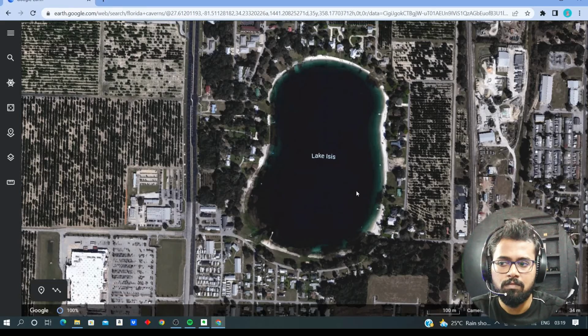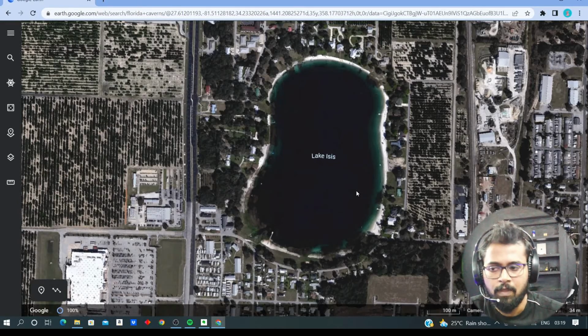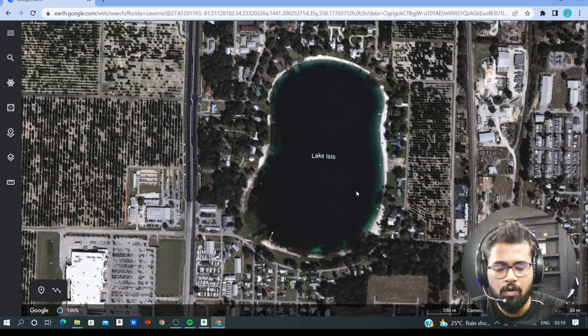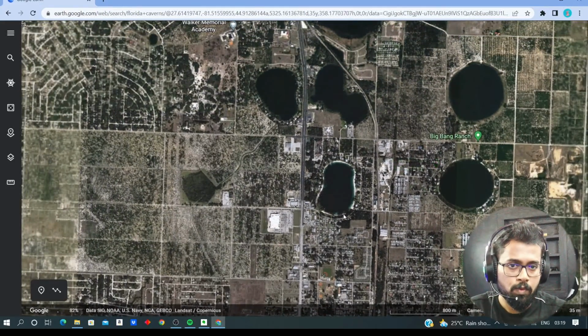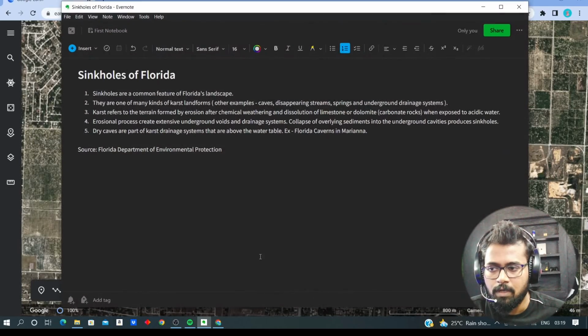So that's the reason behind the formation of lakes in this region. So there is a connection between the subsurface drainage or subsurface streams with these sinkholes, right? And there are also dry sinkholes, and there is an example for dry sinkholes.